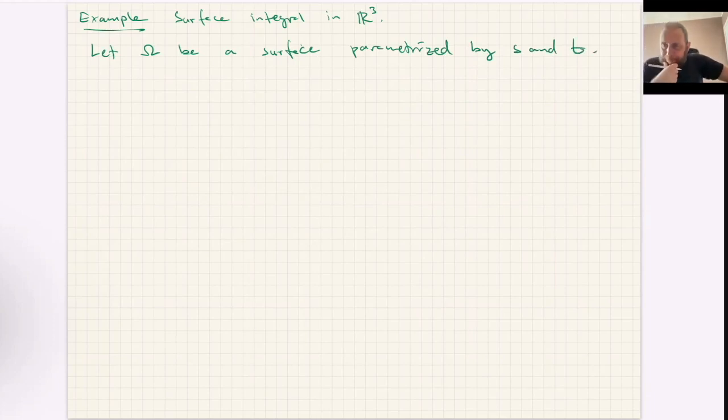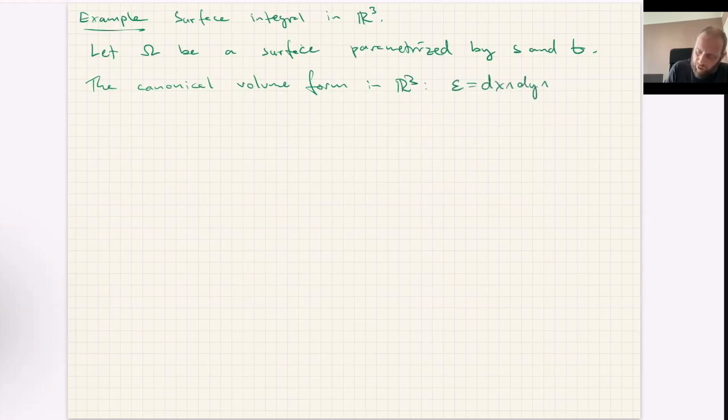Then we need a two form, because otherwise we can't integrate over this. I don't have access to any kind of canonical two forms, but I do have access to a canonical volume form. The canonical volume form in R3 in Cartesian coordinates, I will call it epsilon, is just dx wedge dy wedge dz, because the volume of the unit cube is 1.